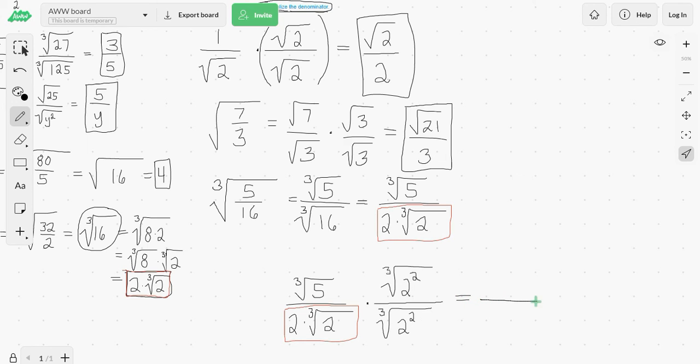So this is going to be, I'll write this out in multiple steps, the cube root of 5 times the cube root of 4. And then here we're going to have 2 times the cube root, we're using that product rule again, of 2 cubed.